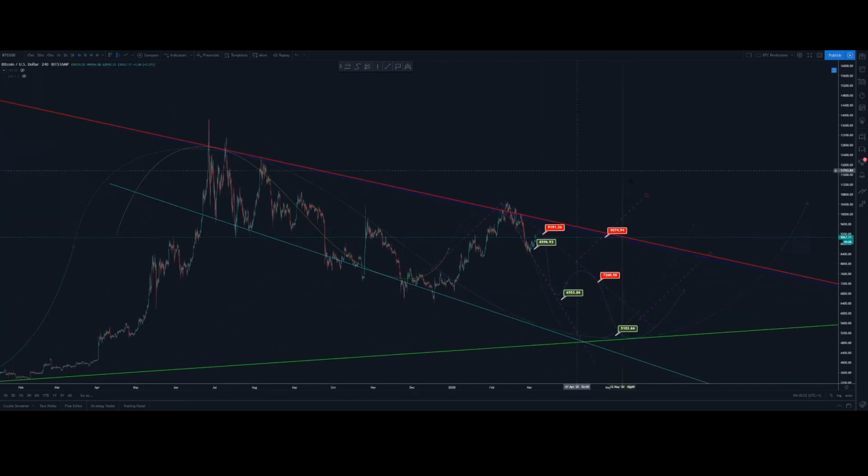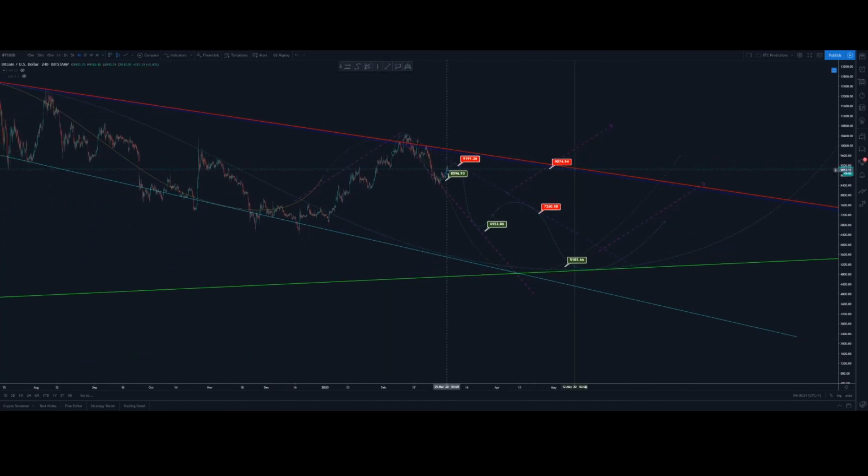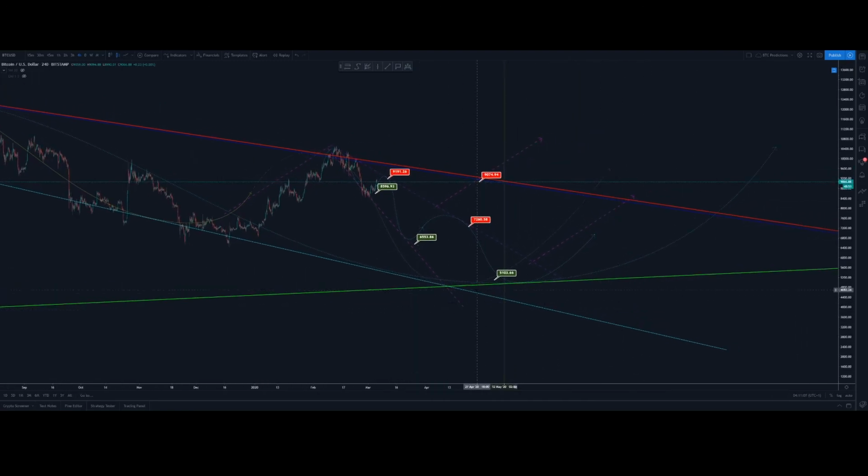But in this case, since this descending broadening wedge is pretty steep, I would say it will find support here. Like the references, our main references are suggesting, right? That there should be a bounce off around this region.